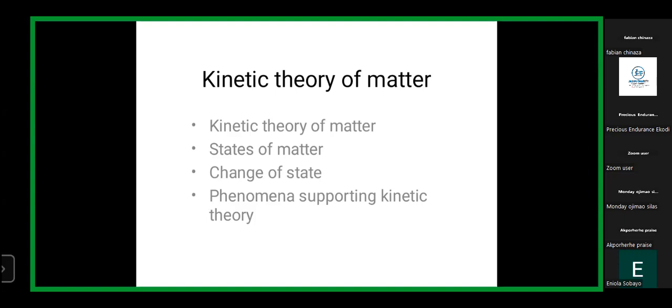Because you as an individual, if you should move from Earth to Mars, you know you cannot stand, right? You will continue bouncing from one spot to the other. But it doesn't mean that you don't have particles in you, because the force of gravity on Mars is totally different from the force of gravity on Earth. That is why you will be bouncing.